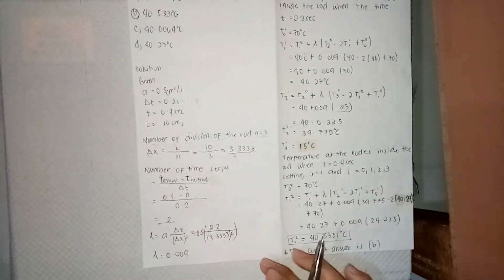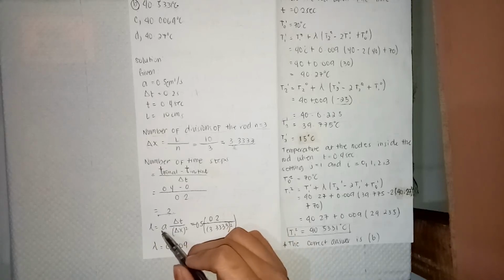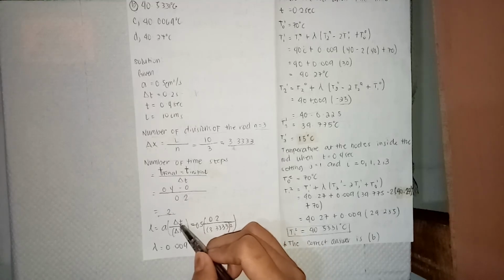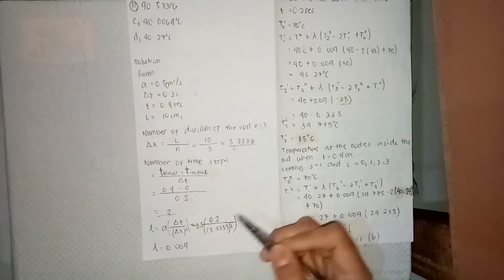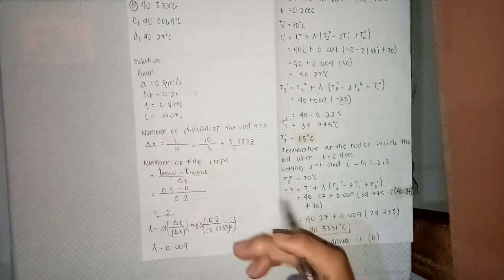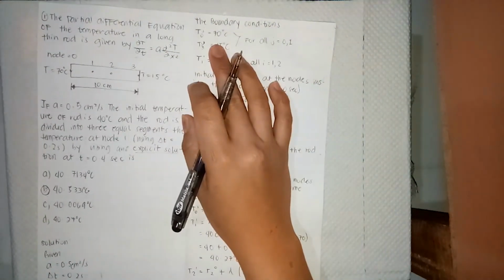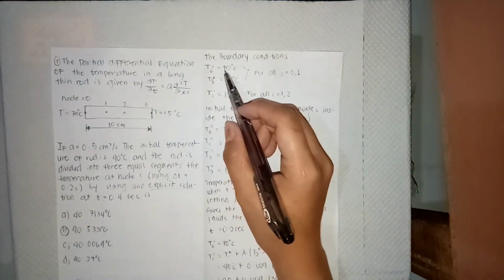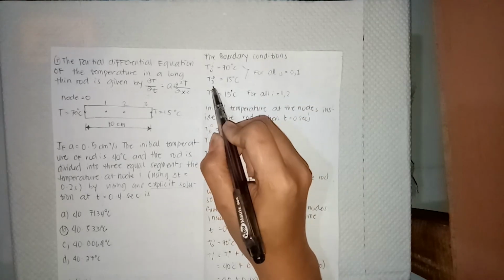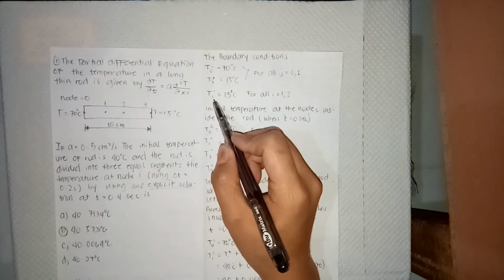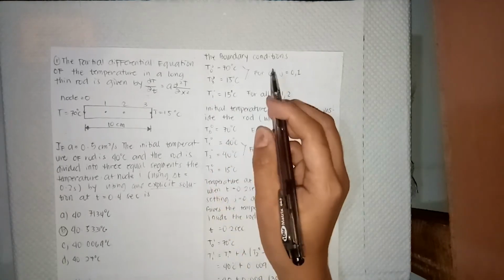And then for our next formula, lambda equals a multiplied by delta t over delta x squared. So let's input the values and we will get the answer of 0.009. And now let's proceed to the boundary conditions. Our temperature at node 0 is 70 and our temperature at node 3 is 15, while our temperature at node 1 is 15 Celsius.